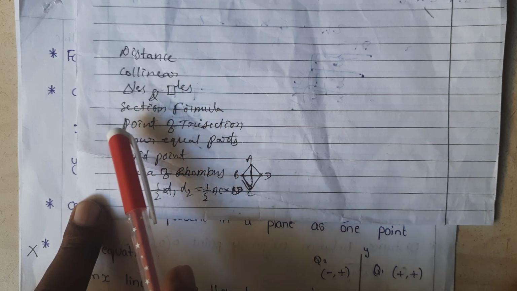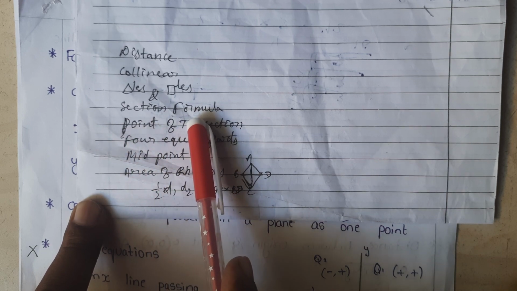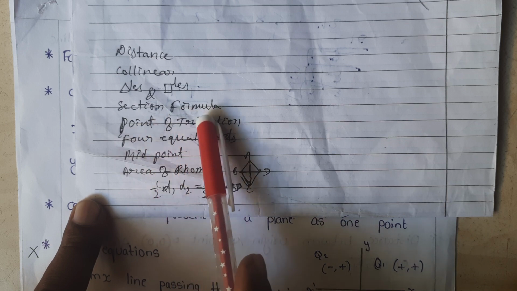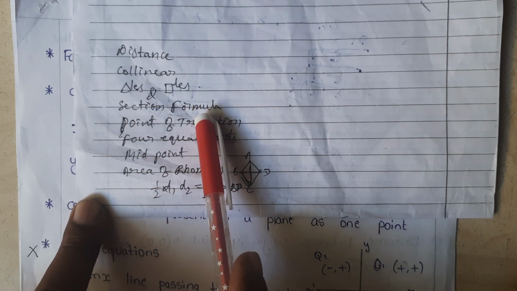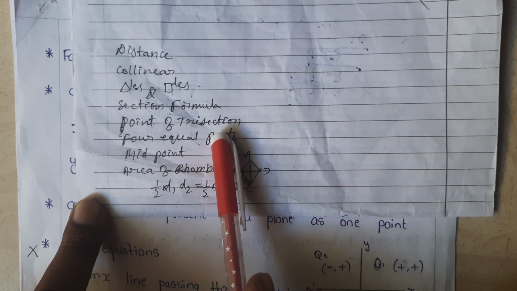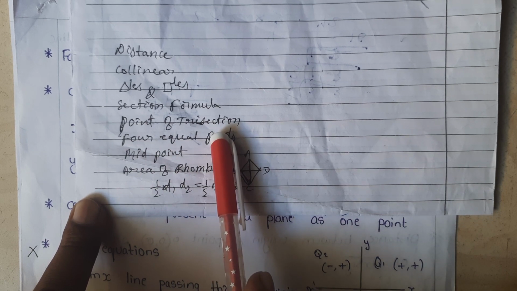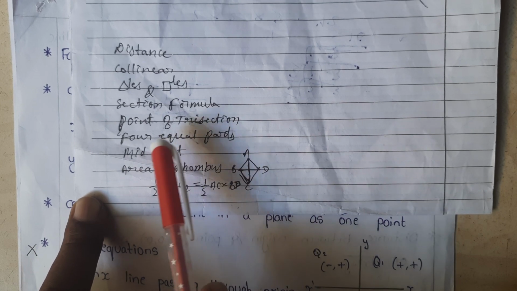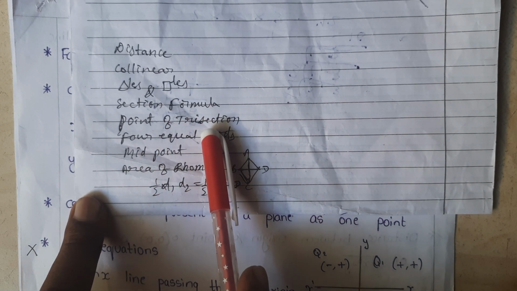These sums are given. Section formula is given. That means a line segment divided in a certain ratio. Point of trisection means the given line segment is divided into 3 equal parts by 2 points. That is one form of the section formula.